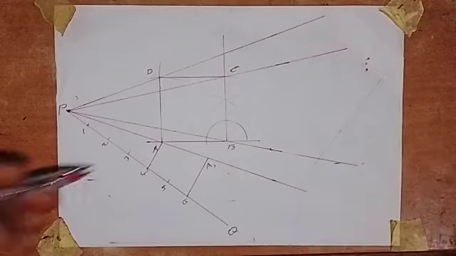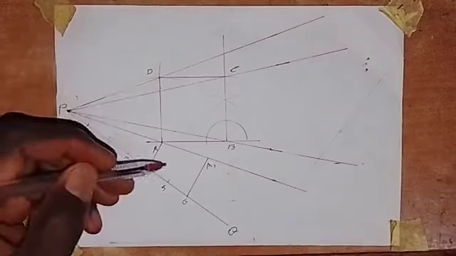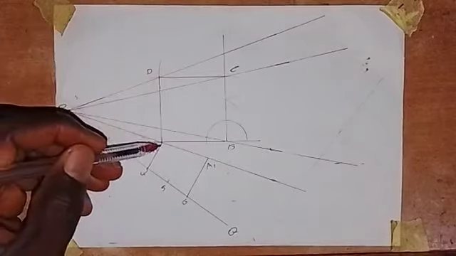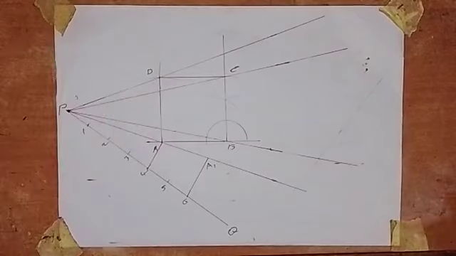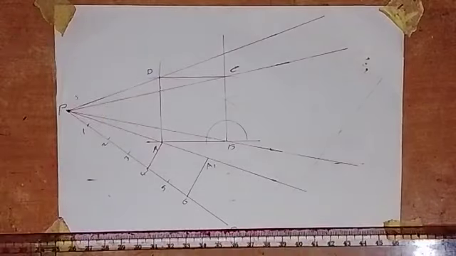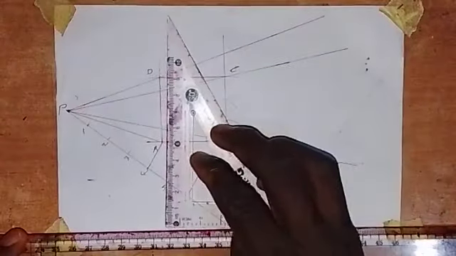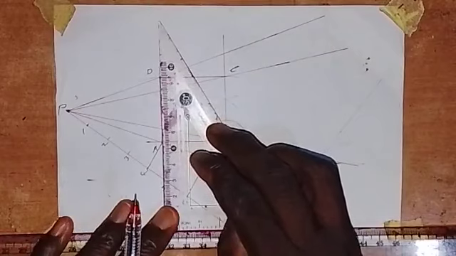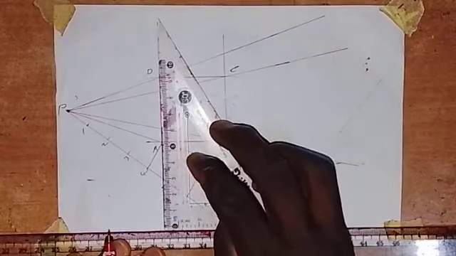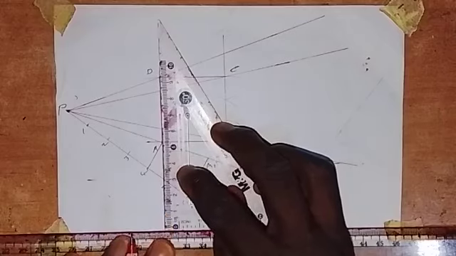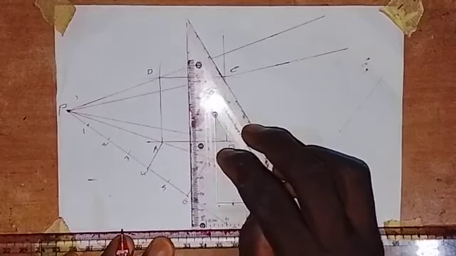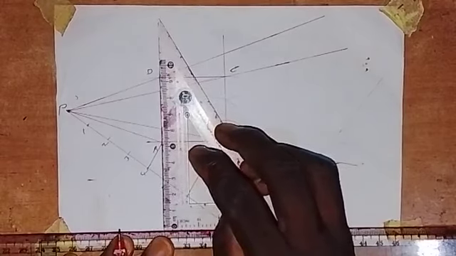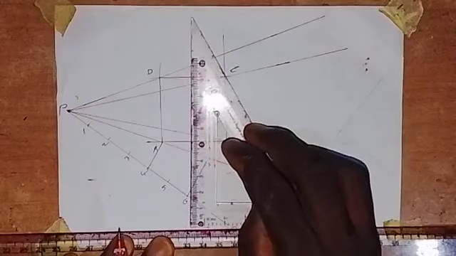Then the next thing is, if you look at this line AD, we want to locate D1 now. Line AD is a vertical line. So with my T-square, I set my set square on line AD like this, and I slide it from point A to point A1.